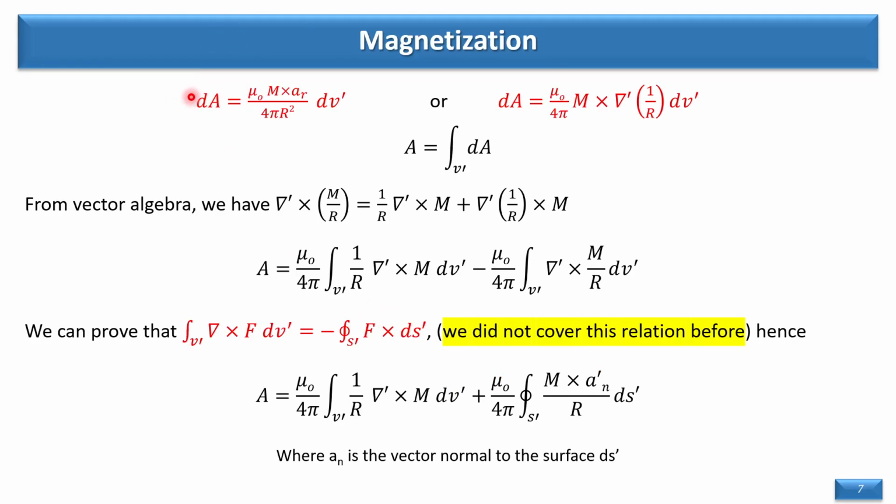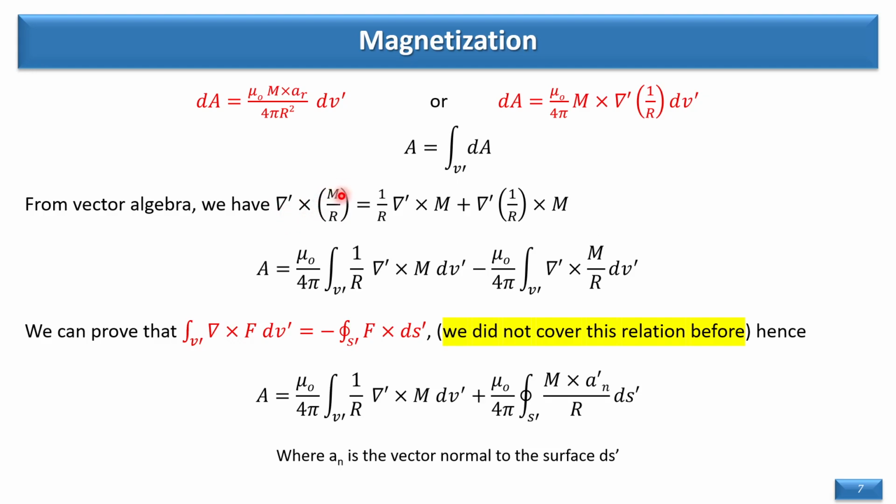So the infinitesimal vector potential A associated with this dipole moment has this expression, or it can also be expressed this way. And if we are to find the total vector potential A over any specific volume, we just integrate this quantity. So let us look into this relation here.